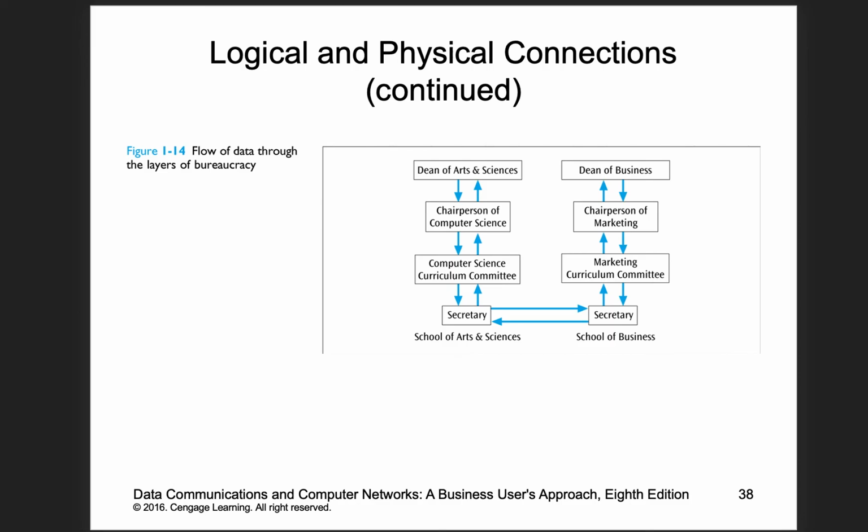Just before we go to that, we have a typical setting, for example, in an office where two deans are communicating, where information flows from the dean to the chairperson, and the committee to the secretary, and then from the secretary to the other secretary, from the art science to the school of business, and from the secretary up to the marketing committee, up to the chairperson, marketing, and up to the dean of business.